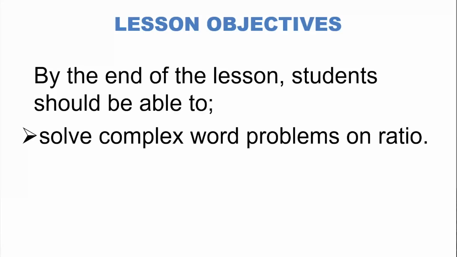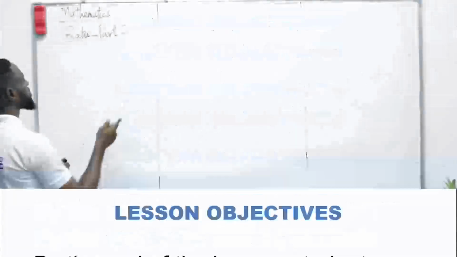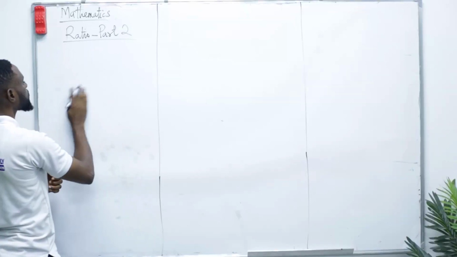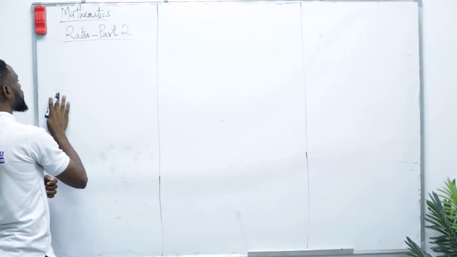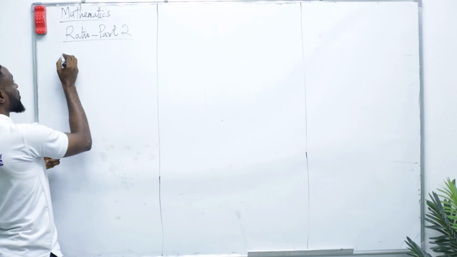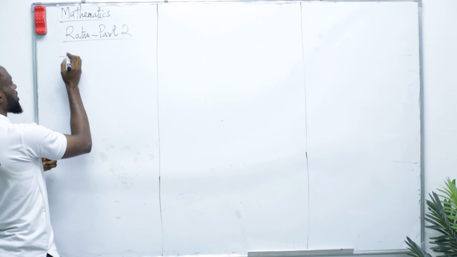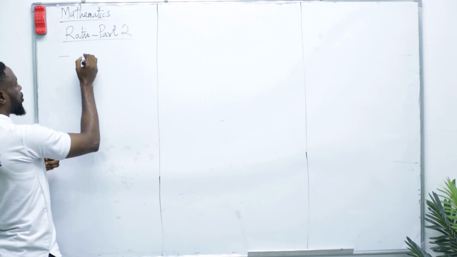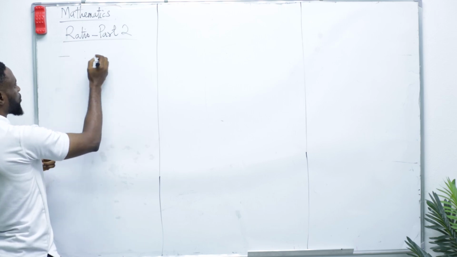By way of revision of what we did the last time, we said that ratio is the relationship that exists between two numbers. Do you understand? We said we have signs used to represent ratio. We can either use the division sign, or use the colon, or use "is to".